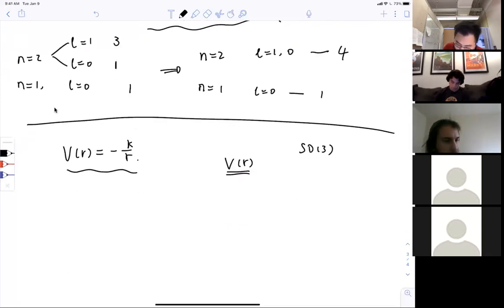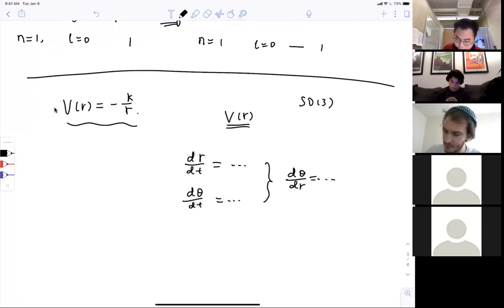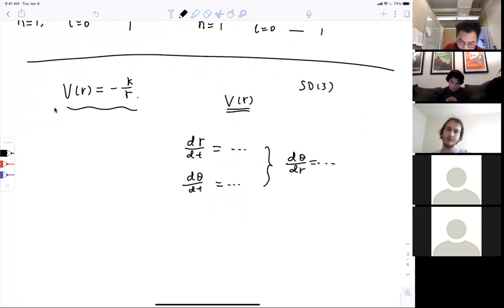We know that this is what we typically do in classical physics, classical mechanics. We can write down the equation of motion for dr and also d theta, and this would give us some d theta dr according to the equation of motion.